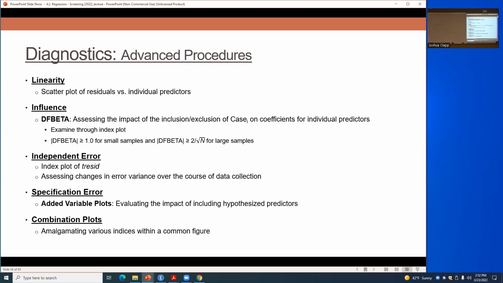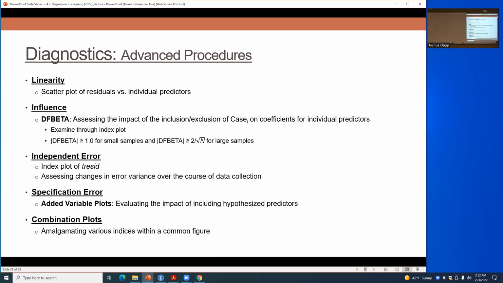Independent error. If I have concerns about autocorrelation, or cases being correlated with one another, I can run an index plot of my residuals, where you can start to see places where cases are starting to group up, right?